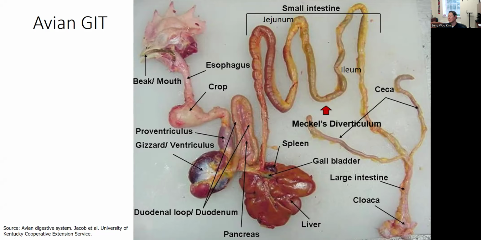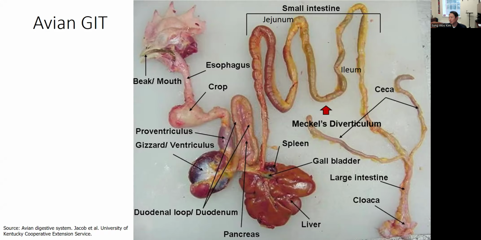And in poultry nutrition here, we define the small intestine before the Meckel's diverticulum as the jejunum. But after the Meckel's diverticulum, we call it the ileum. So the concept of jejunum and ileum in avian species is different from the mammals. Right?